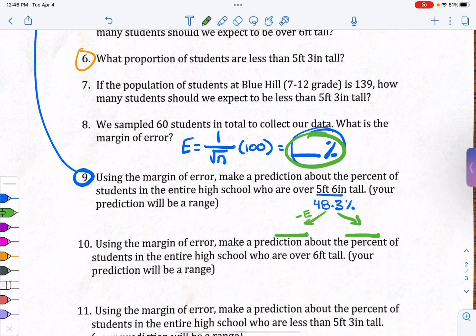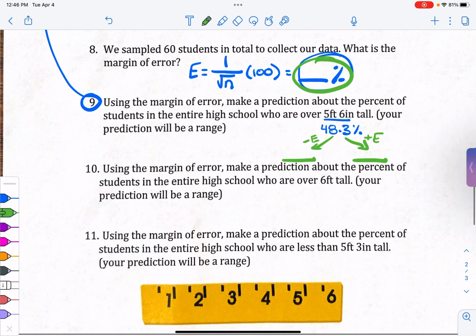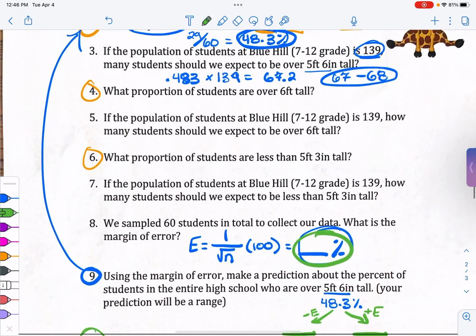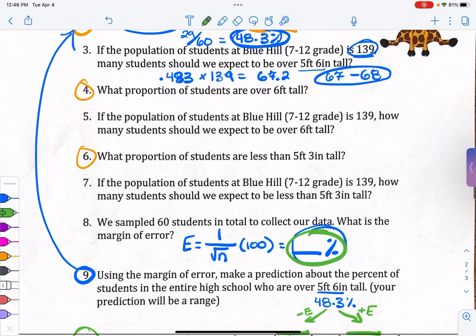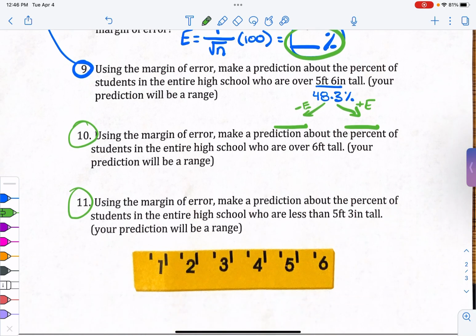We add the error and subtract the error to get the two numbers it should fall between. So what range of percentage should actually be over 5'6" tall? You'll do the same thing for number 10 and number 11. Those will go with number 4 and number 6. Hopefully that makes a little bit of sense.